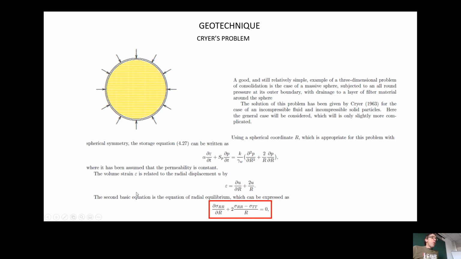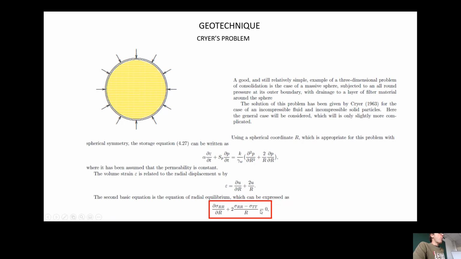The second basic equation is the equation of radial equilibrium, which can be expressed in this way: delta sigma R over delta R, plus 2 times sigma R minus sigma T over R, equal to 0.